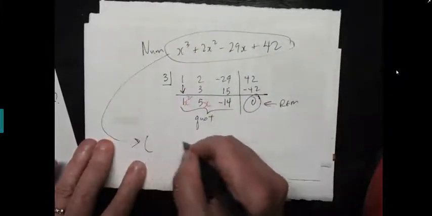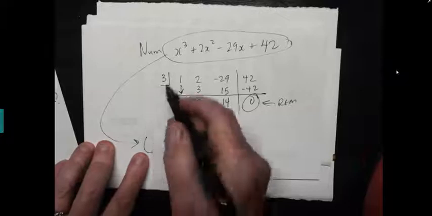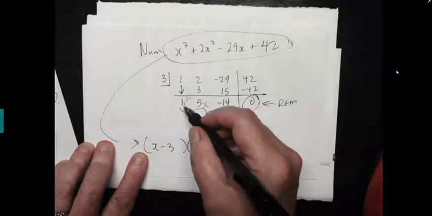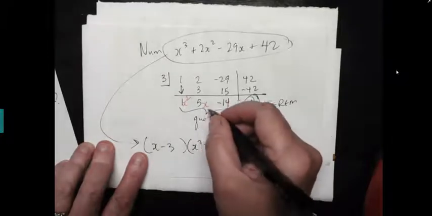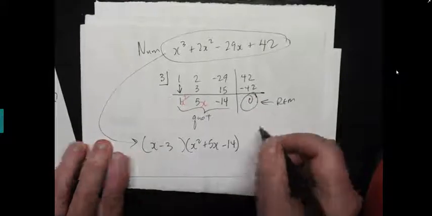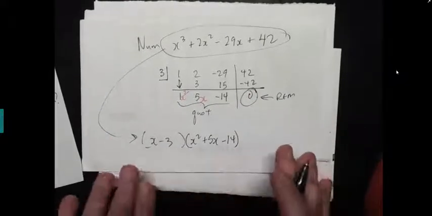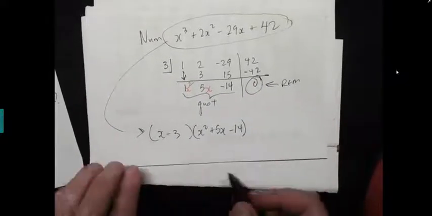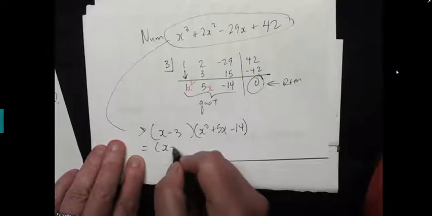So I can rewrite this as the divisor, x minus the number in the box, times the quotient, which is x squared plus 5x minus 14, plus the remainder, plus 0. And now I can break this down on my own.